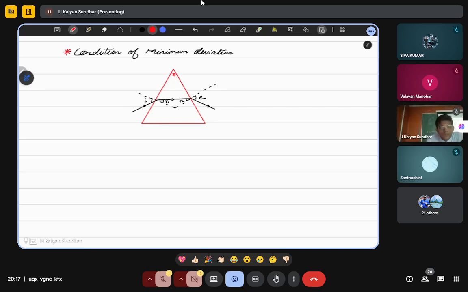Right, sir? Now, what about this angle? I minus R1, and this angle will be E minus R.